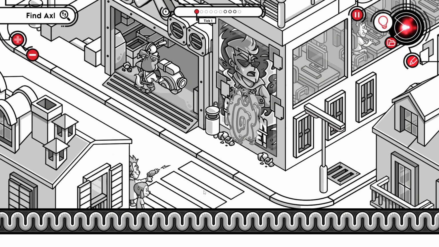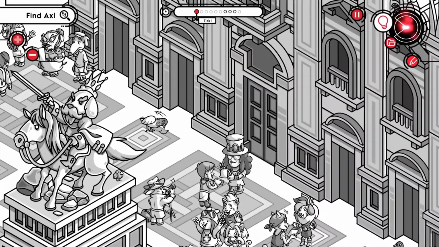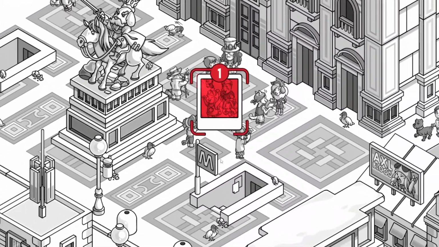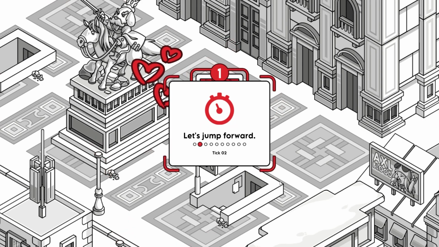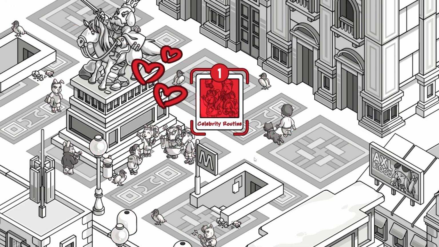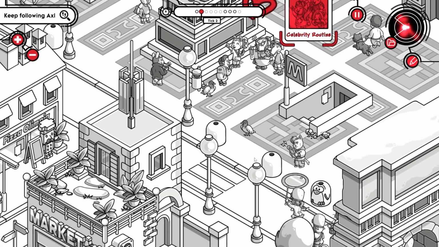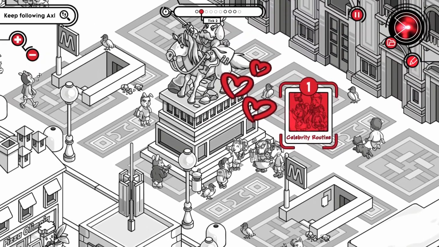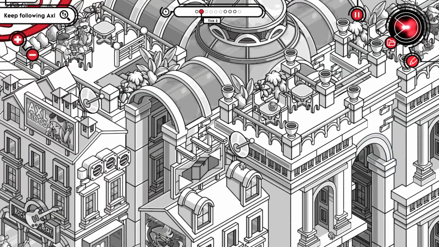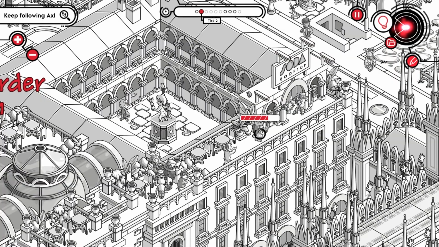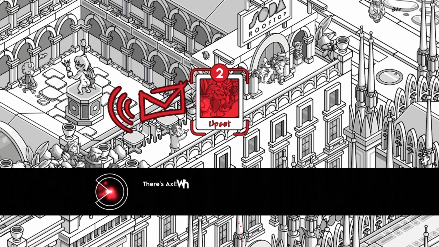There they are, Rick and Morty. There's Axel.